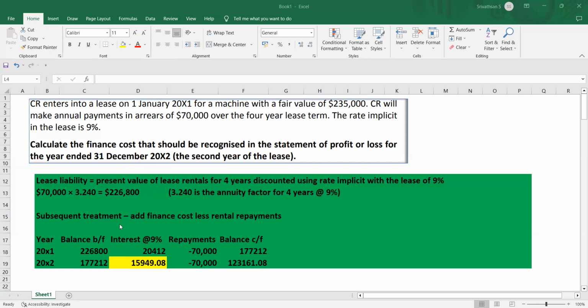So we should also look into the subsequent treatment, and we know that the subsequent treatment is to add the finance cost and reduce the lease liability by any cash repayments. So in 2011 we have an opening balance of 2,26,800. This we just brought forward, this lease liability number here, and we calculate 9% interest on this.